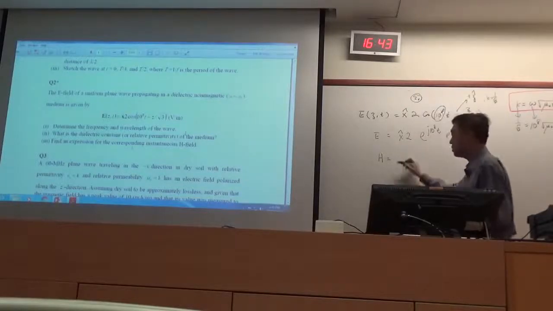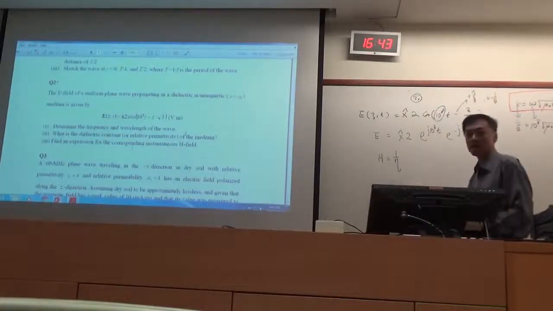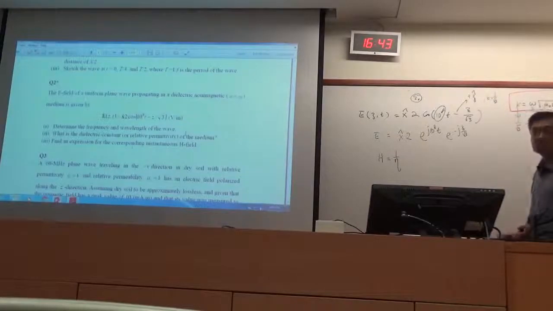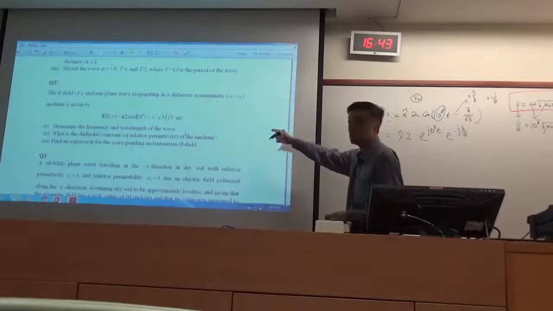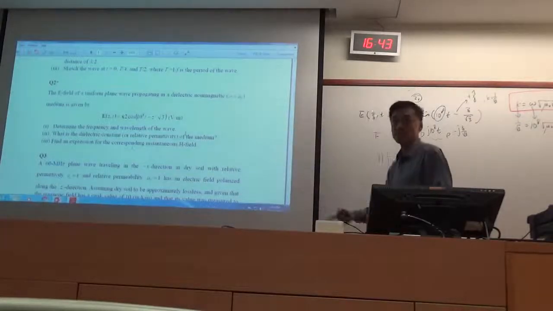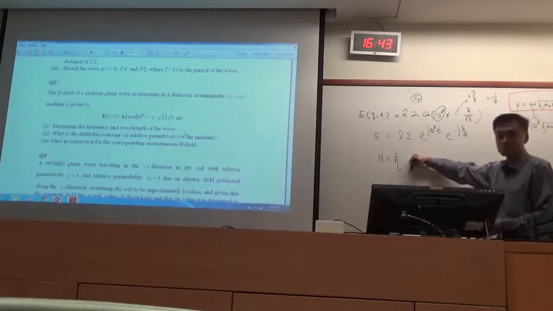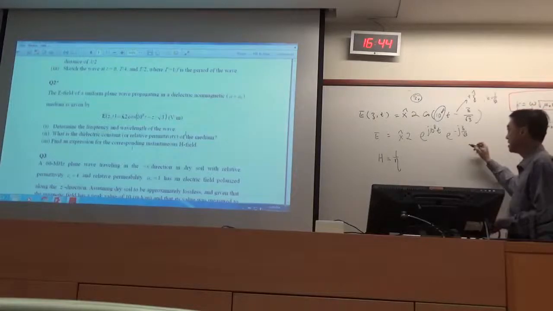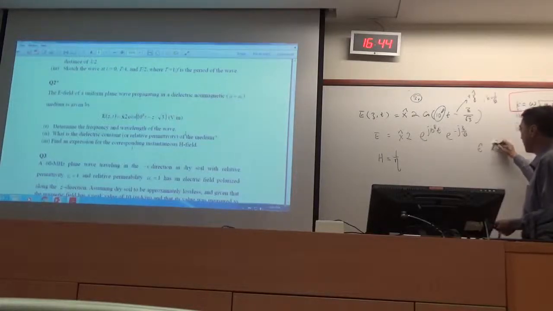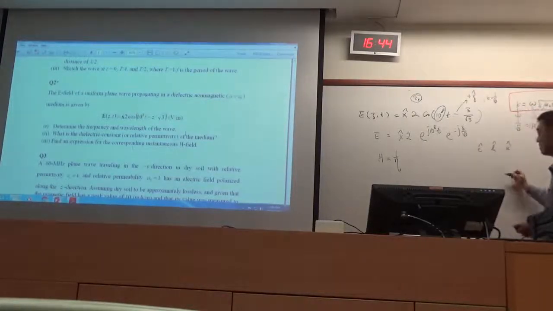H is equal to 1 over zeta. This is not zeta naught, because this is not free space. So 1 over zeta, and what else? E cross k or k cross E? E, H, k.